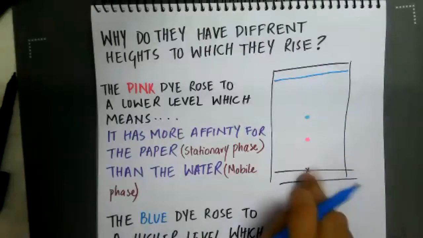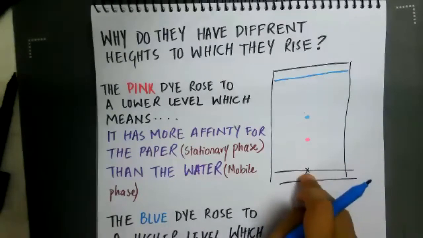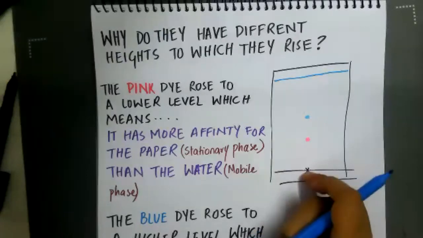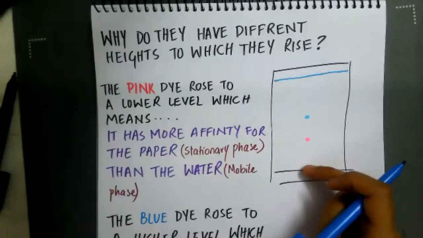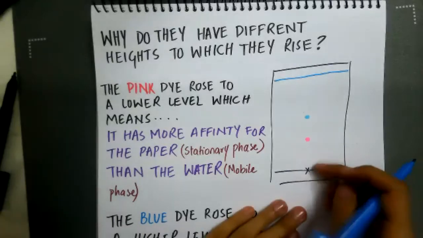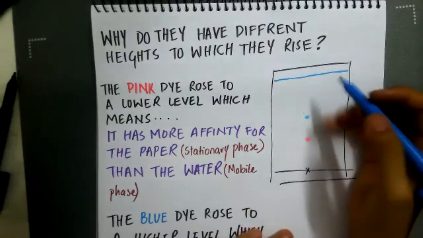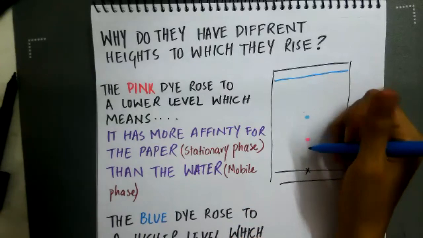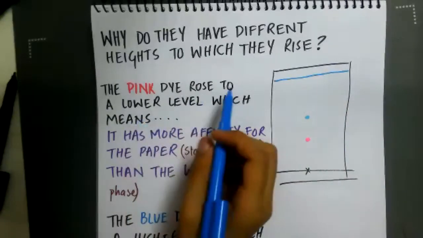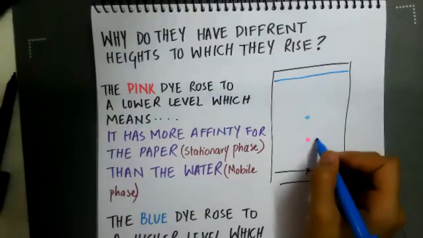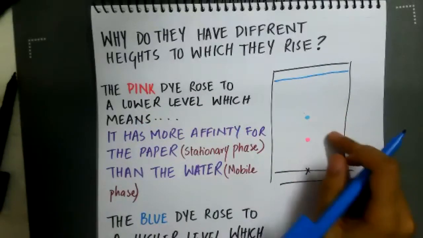If this was purple ink before, and now it has separated into blue and pink, the purple ink ran up with the water and separated into blue and pink. So why is the blue higher than the pink? The pink dye rose to a lower level, right? It's lower than the blue.